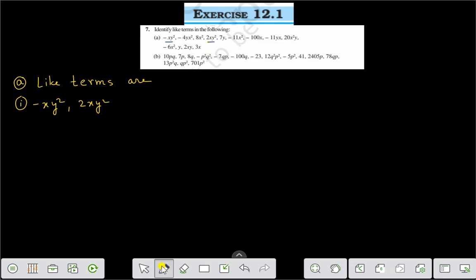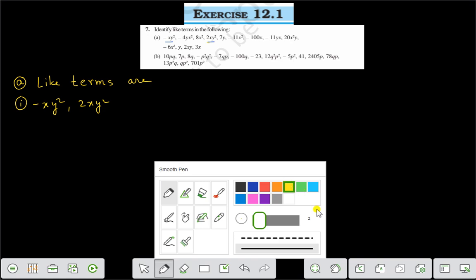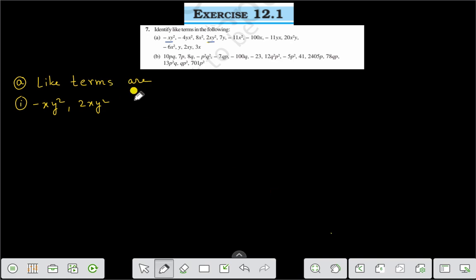Now number 2 is minus 4yx square. Let us find this one, yx square.